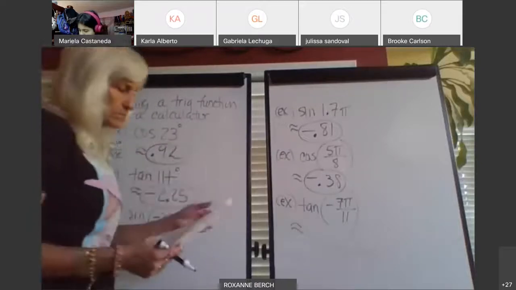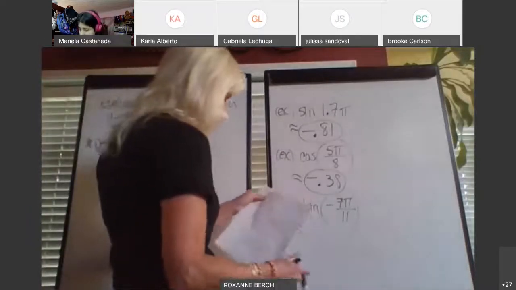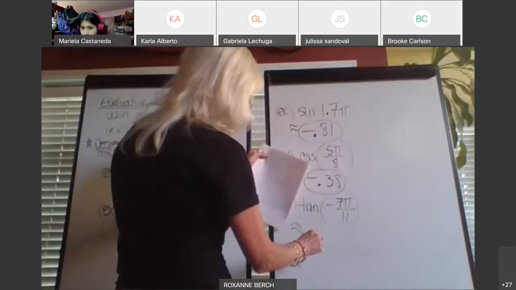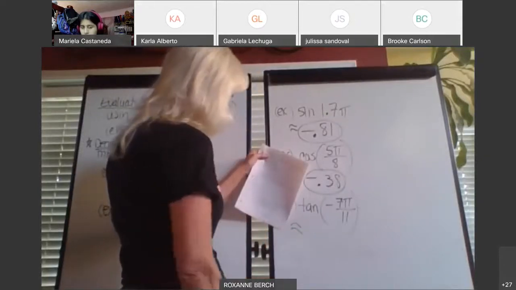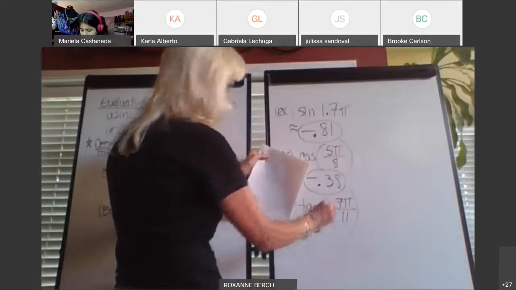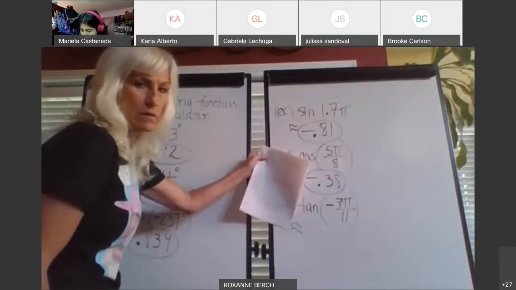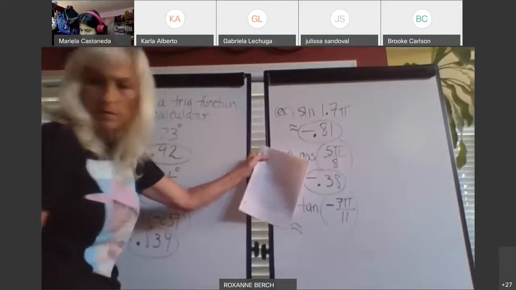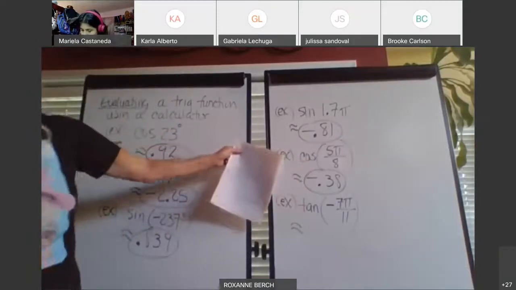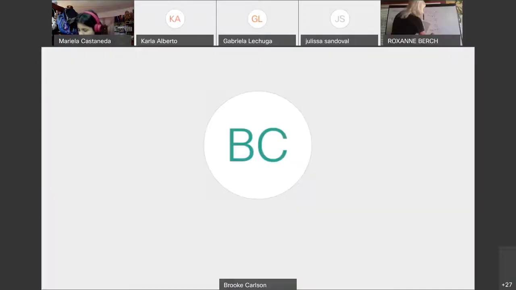So what would that be? It's about what? 2.1896. Yeah, that's about 2.19.